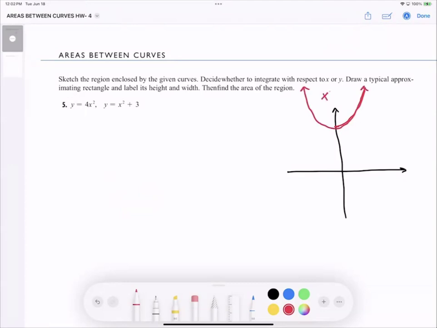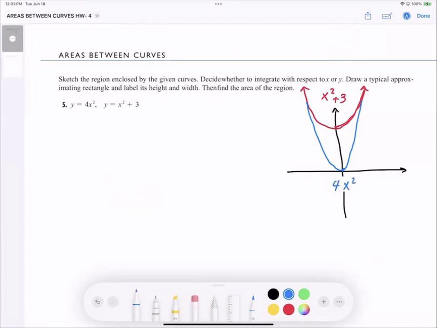So this is x squared plus 3, and down here you have 4x squared. I'm just trying my best to have the parabola down here. You have your 4x squared.